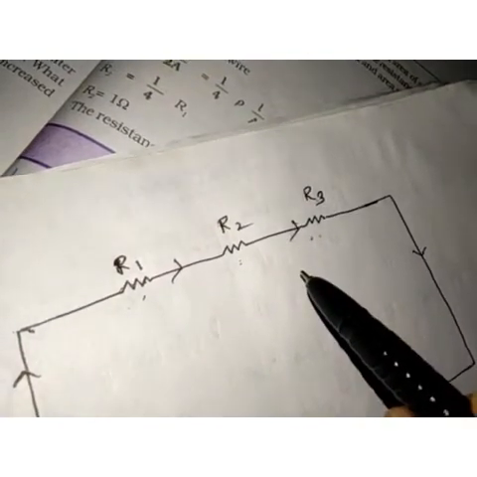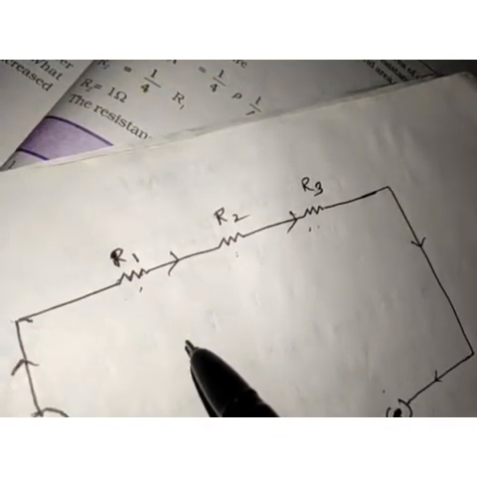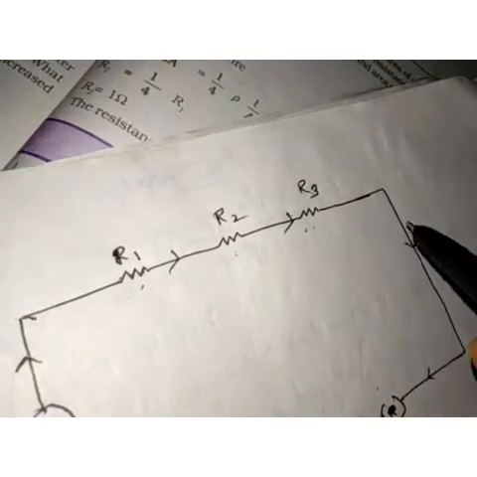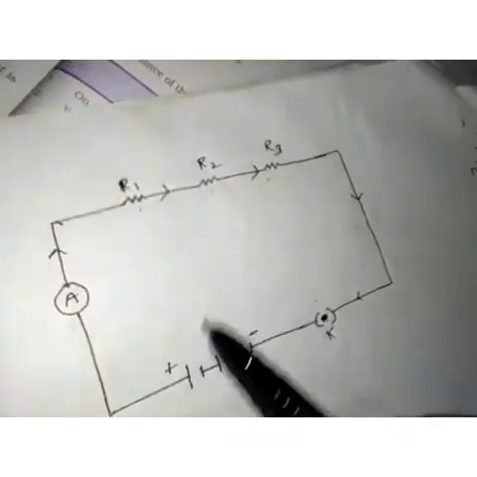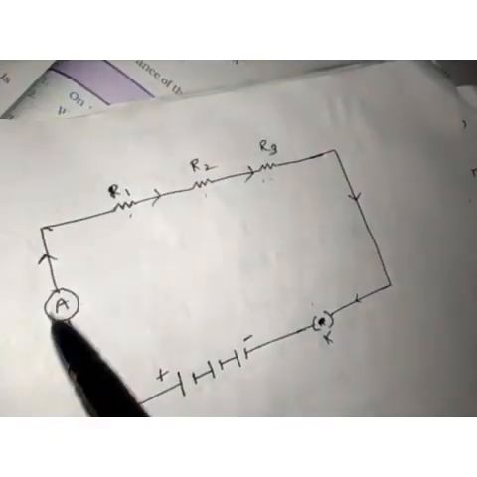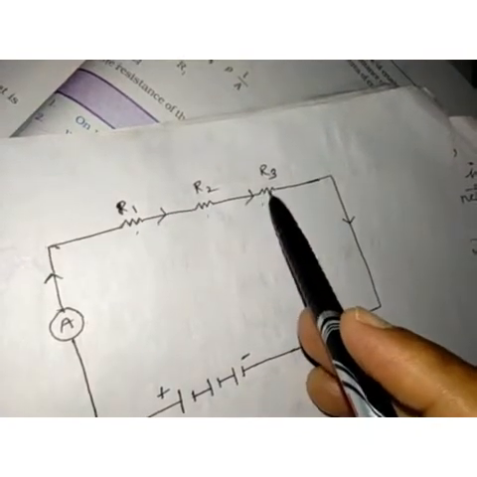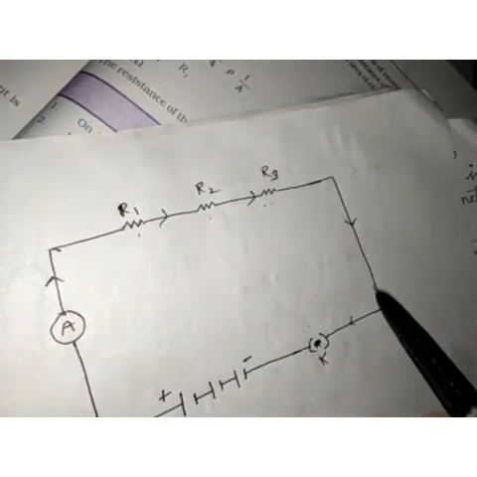But in series connection, current remains the same throughout the circuit. This is an electric circuit. This is the ammeter. These are three resistors of different resistances, and these are the wires.